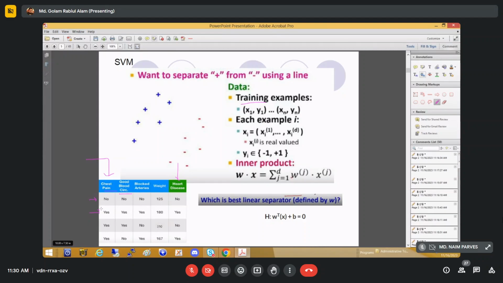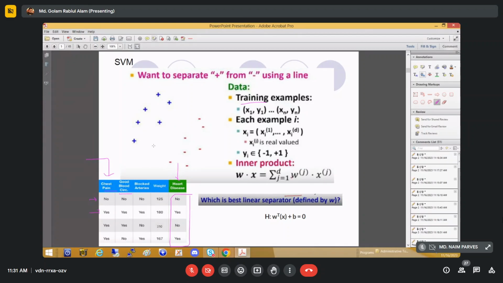These are our class labels, so positives and negatives. Based on the features, we can plot those data points.